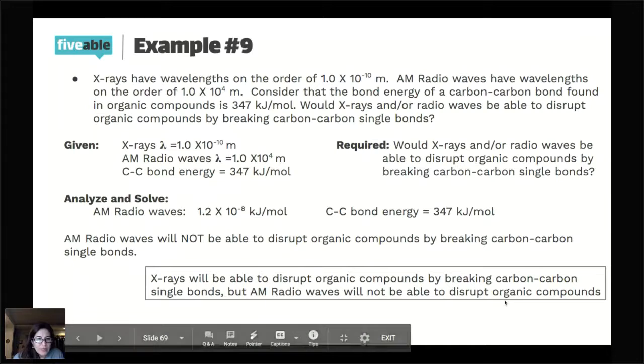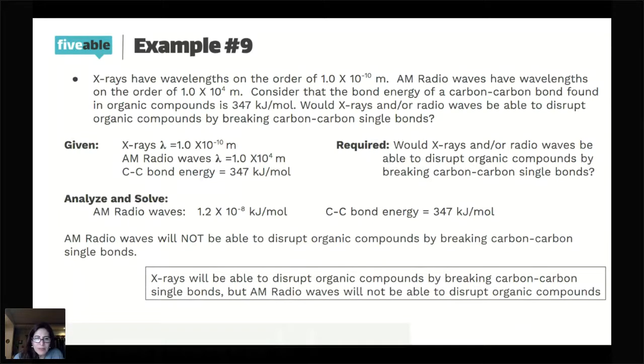Any questions on how to work out these problems? Any questions of any topic about this stream?